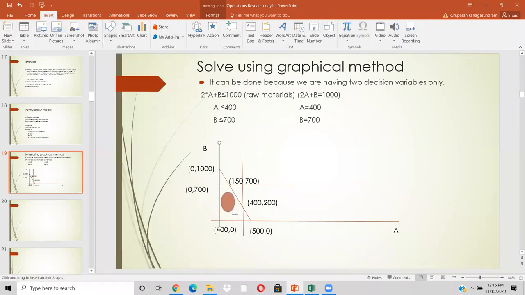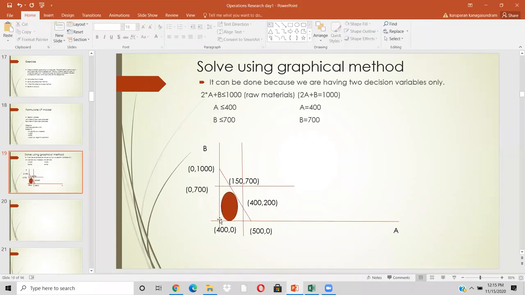So finally, this shape should be the feasible region. Sorry, I couldn't fill that part. What are the corner points?